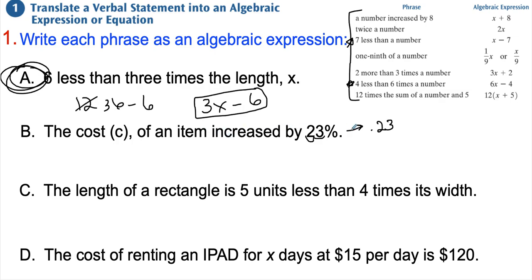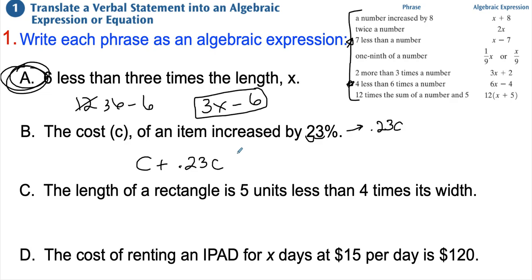And if we're adding 23% to something, we have to take 23% of that cost already. So it would be cost increased by 23% of the item's cost. All right, this would be a 23% increase on that item.